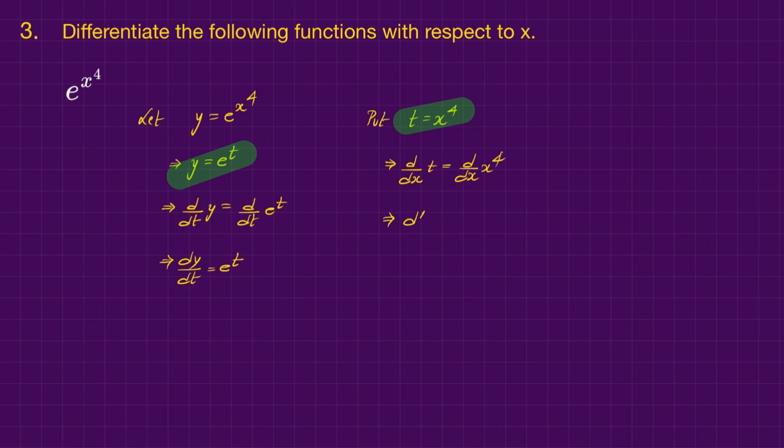So this implies dt over dx equals 4x cube. Therefore, dy over dx can be written as dy over dt times dt over dx, and that will be equal to e to the power t times 4x cube. Let us replace the value of t. So it is e to the power x to the power 4. So this is your answer for this question.